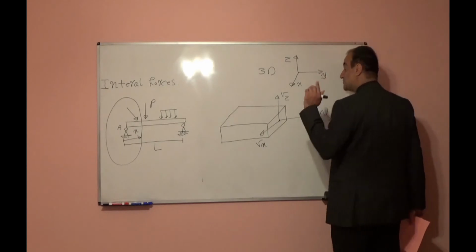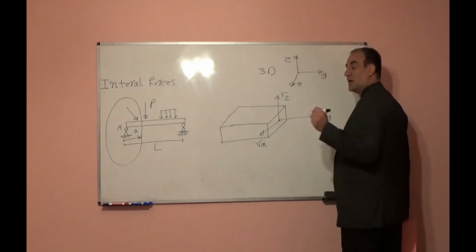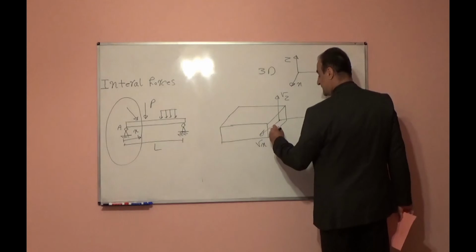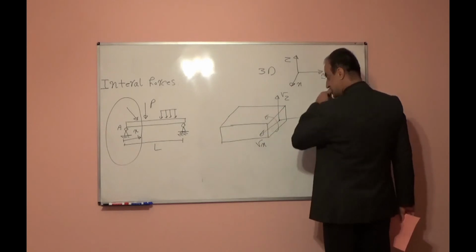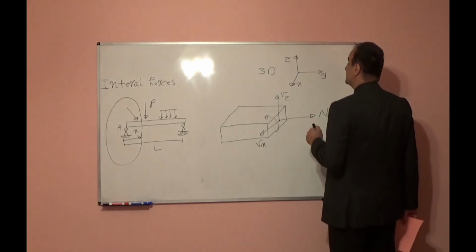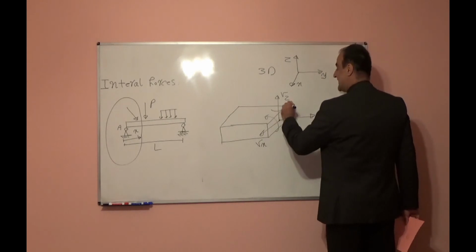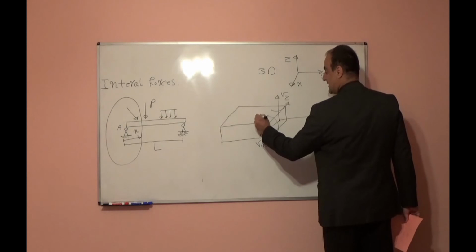We will have 3 moments. 2 of them are bending moments. One of them bends the member with respect to the x-axis, another one bends the member with respect to the z-axis. So this is Mx.